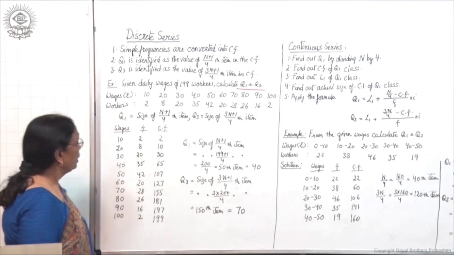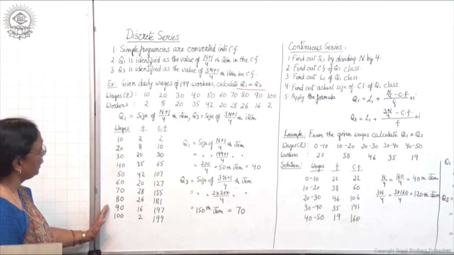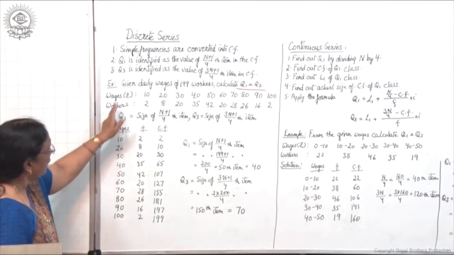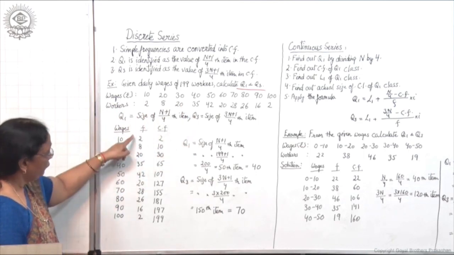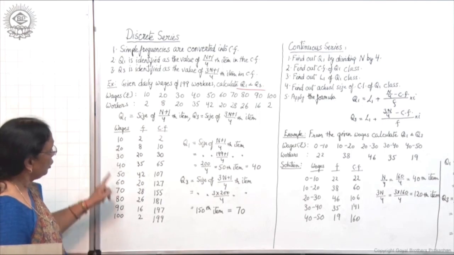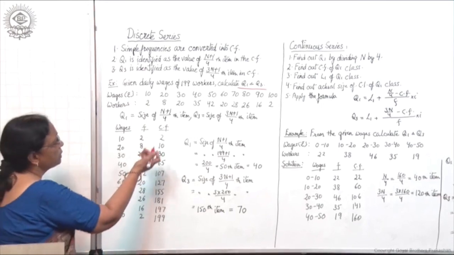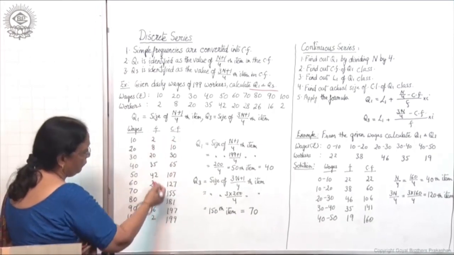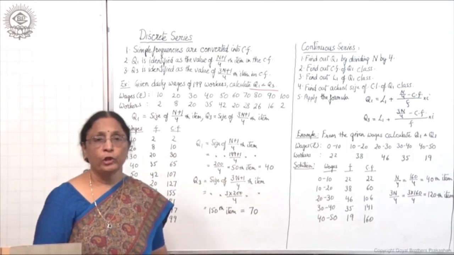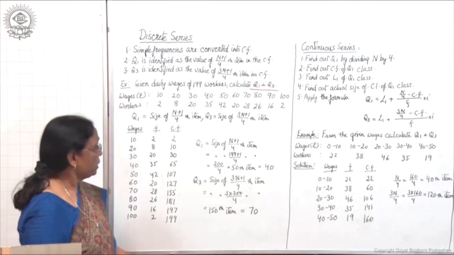Now first step is you have to copy down the data in the table form, wages as given here in the same order, frequency as given here in the same order, right? Along with the wages you write down the frequencies. Third, convert simple frequencies into cumulative frequencies.